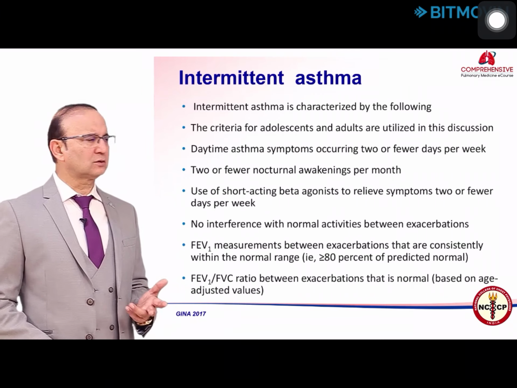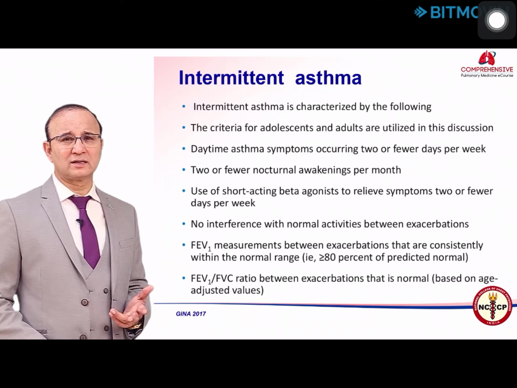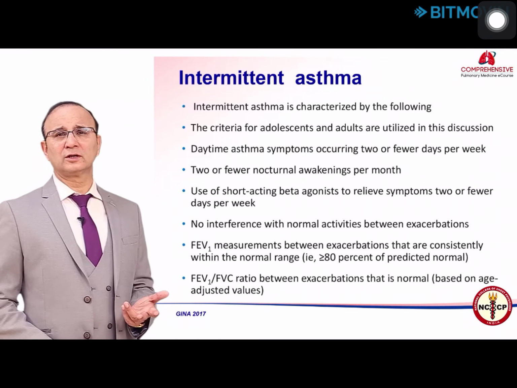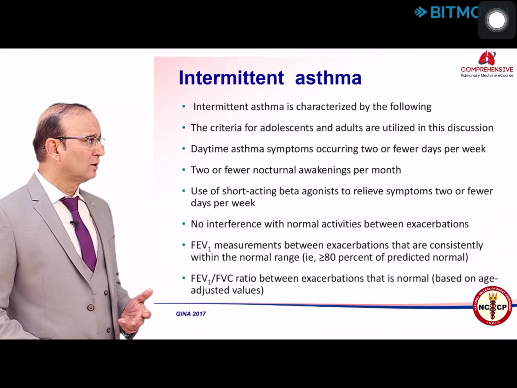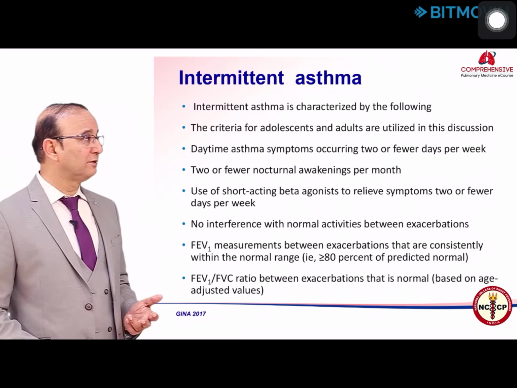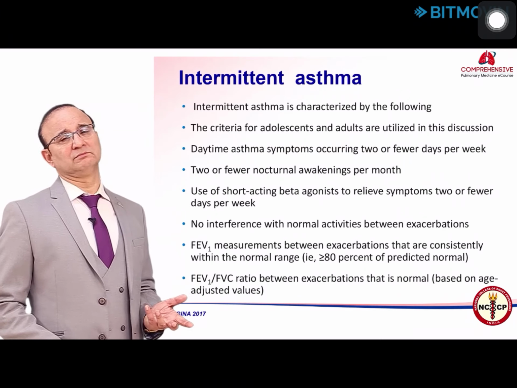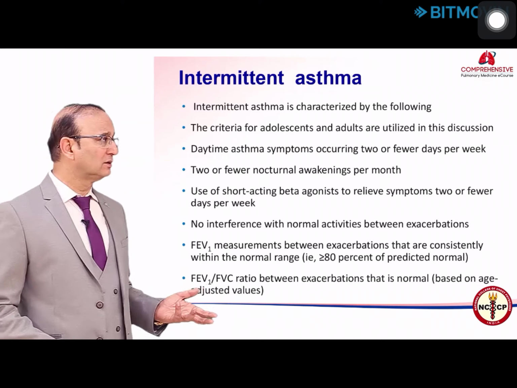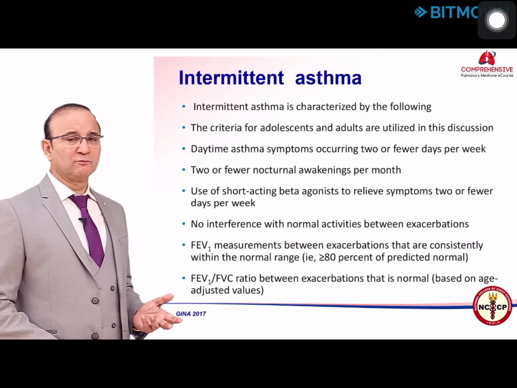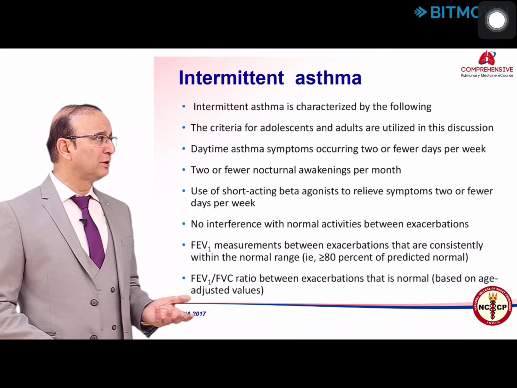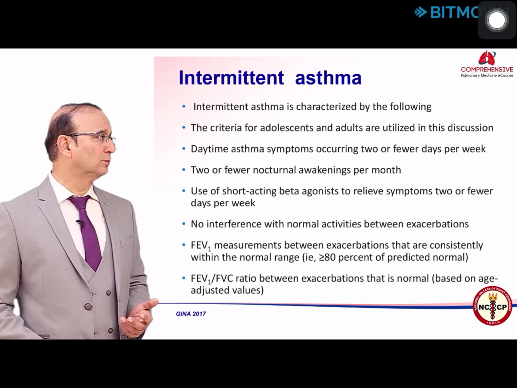And he does not require the short-acting beta-2 agonist more than 2 times a week. No interference with normal activities. FEV1 measurement, when you do it, is normal. FEV1/FVC ratio between exacerbations is also normal.